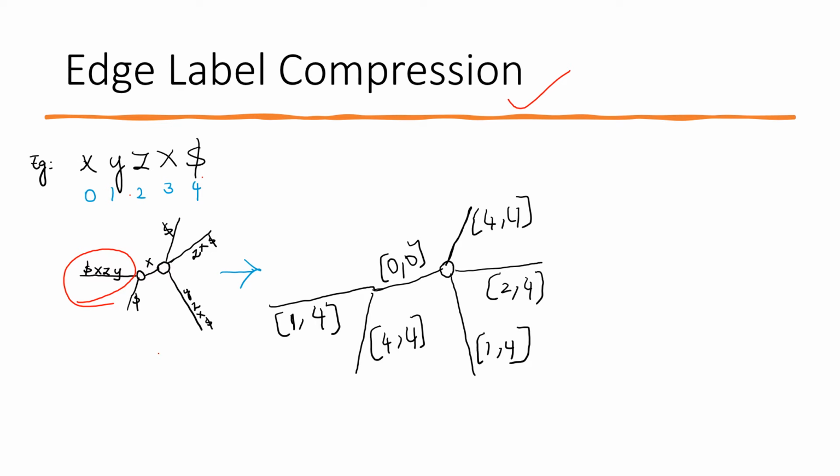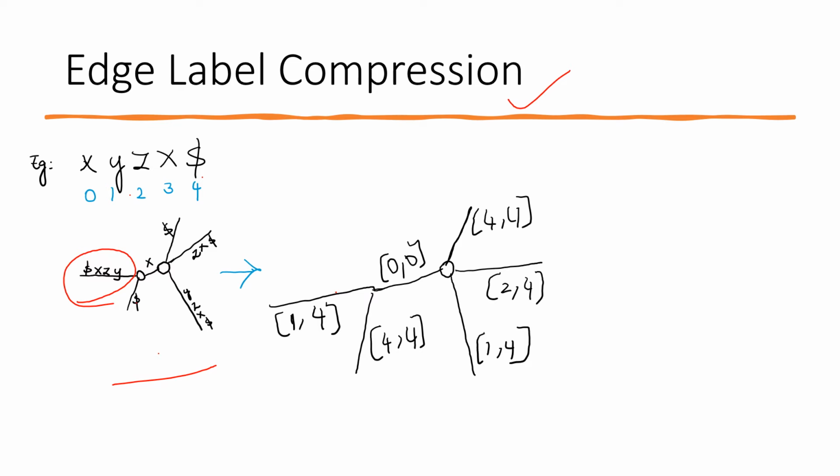I'm not explaining suffix tree construction here. I'll just show you how this can be compressed using edge label compression. Just as we described in the tries, it is much similar.